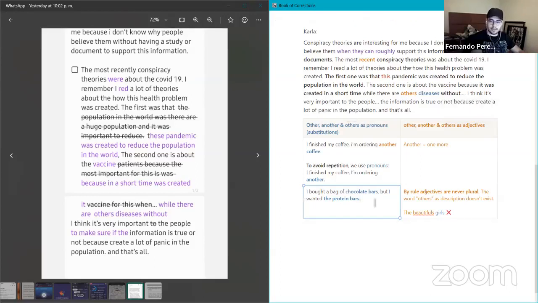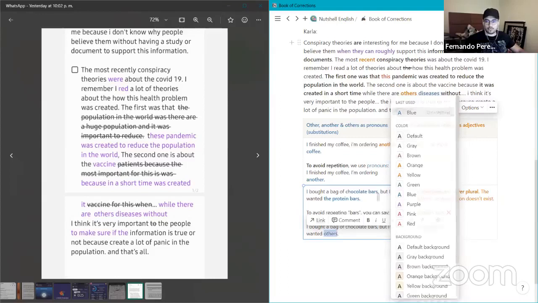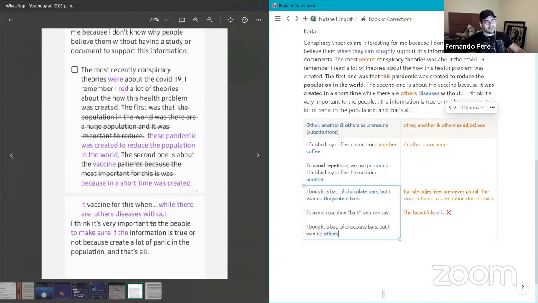So, to avoid repeating bars, because it's implicit, you can say, "I bought a bag of chocolate bars, but I wanted others." The word others is blue. The word others is never orange.